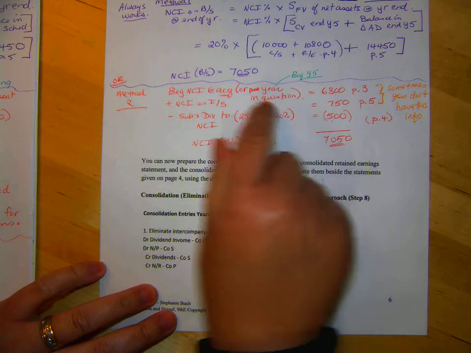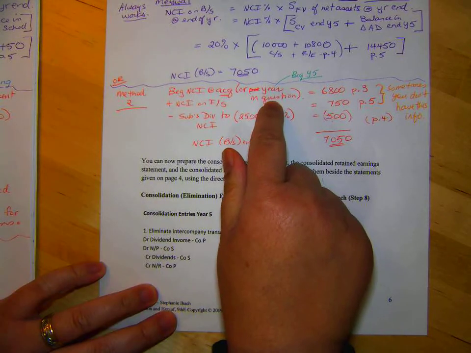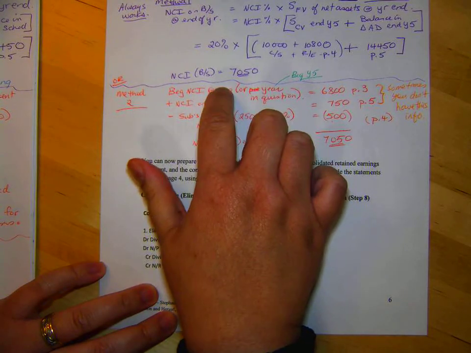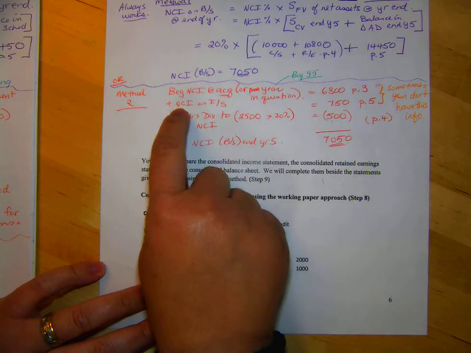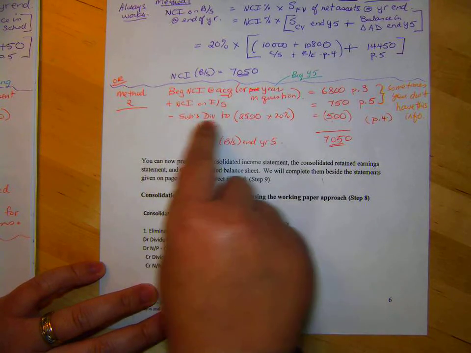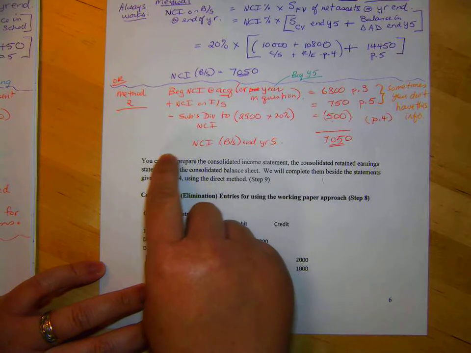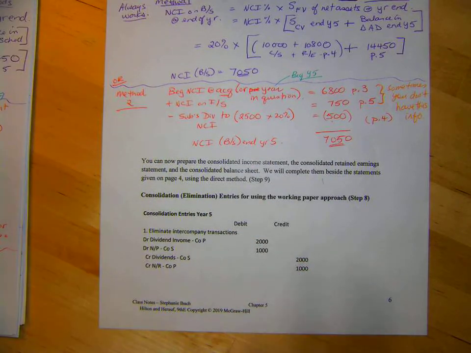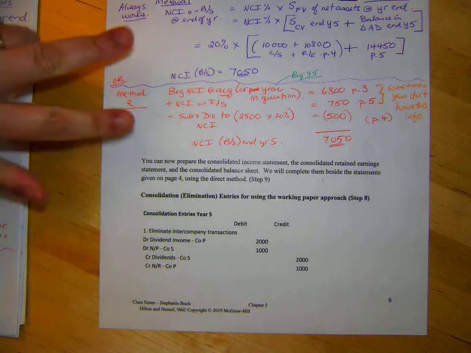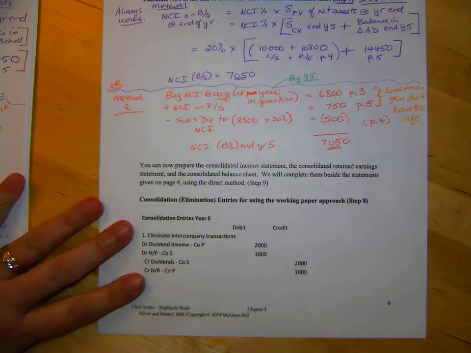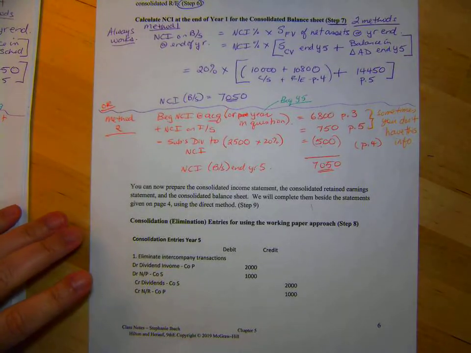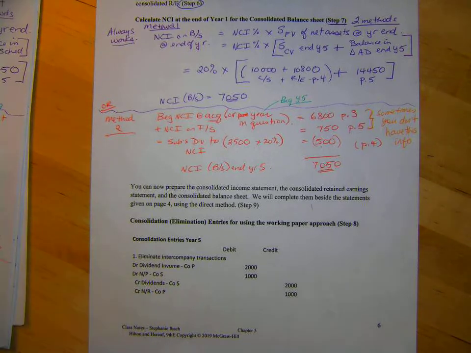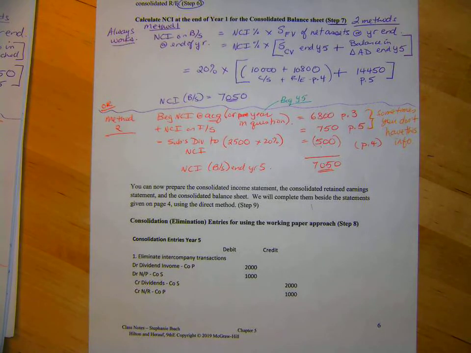Especially this one, because if you were acquired years ago, you'd have to take that acquisition, and that's the only one you have, plus all the NCI on all the income statements, minus all the dividends for all the years to get the end. But you certainly can do that if you want. Just make sure you go through and double check. So try them in some problems. Try doing both ways. See if you've got the information. And that way you can learn how to do it.